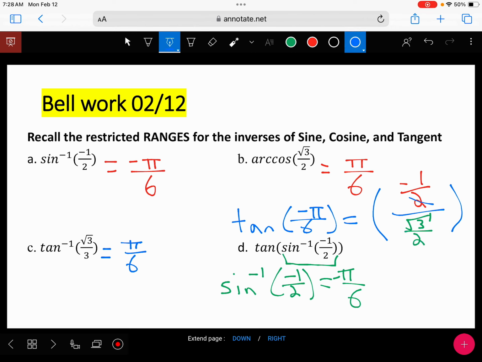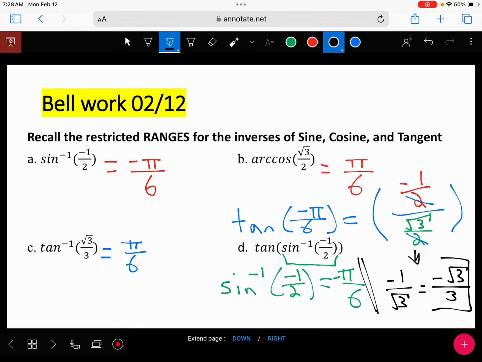Our 2's in the denominator are going to cancel. So then we get negative 1 over root 3, which when we rationalize is negative root 3 over 3 as our final answer.